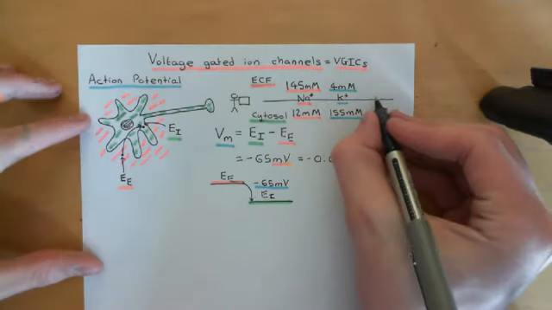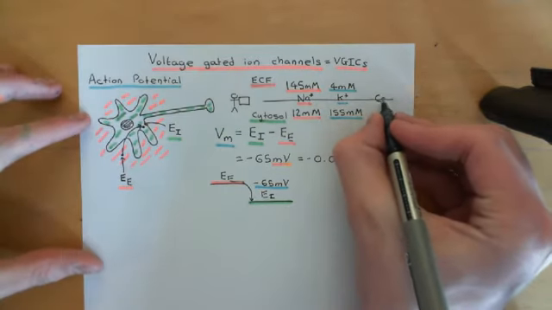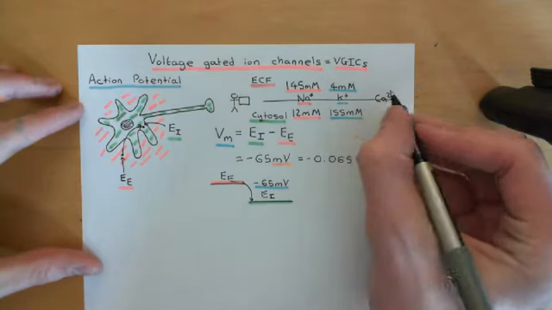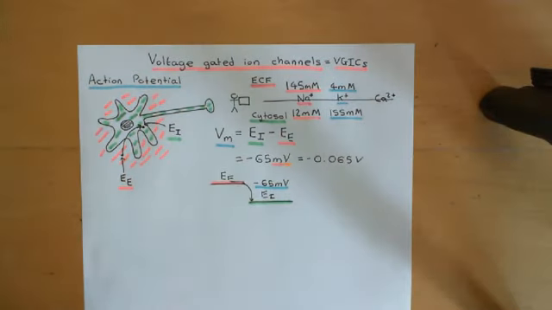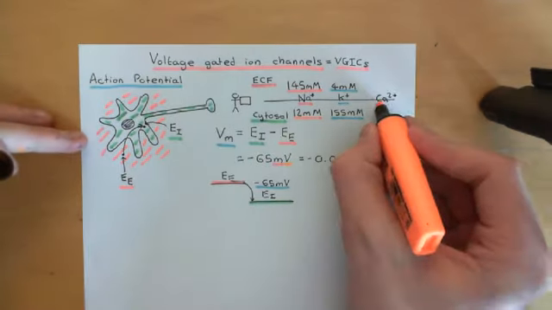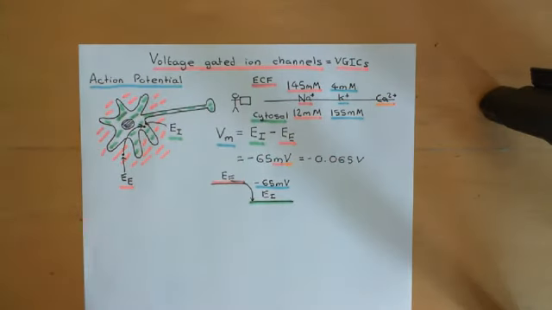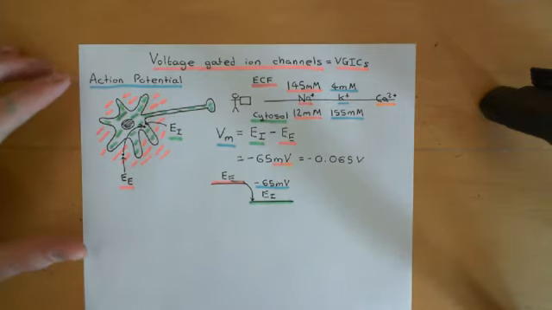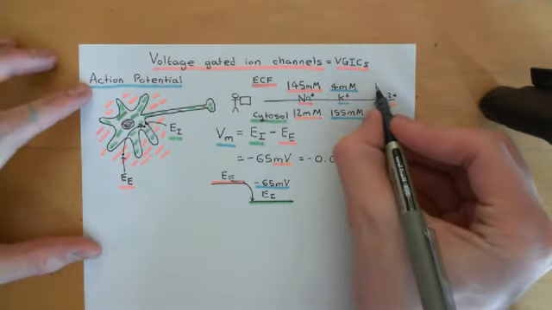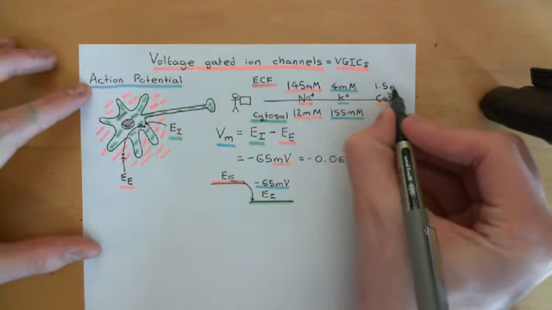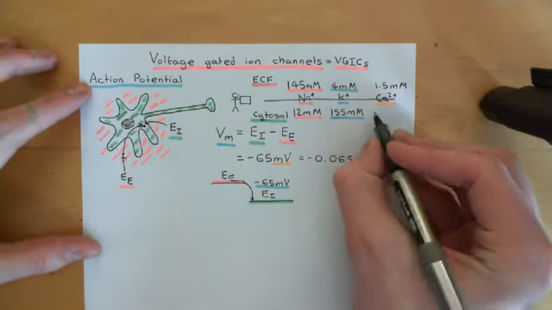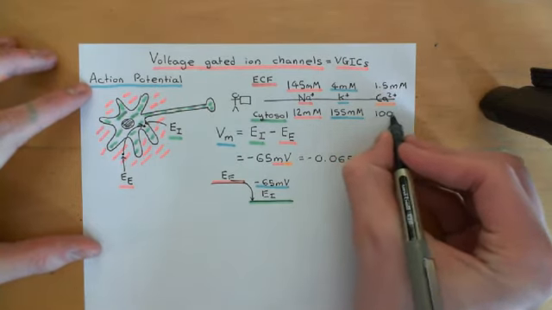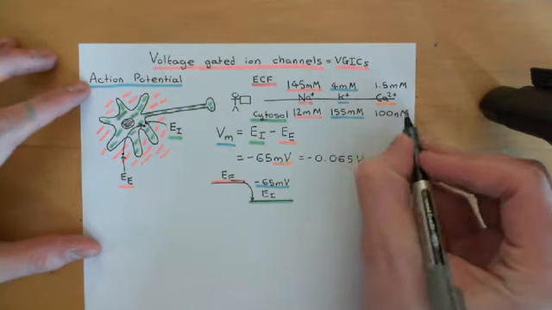Now let me talk about the calcium gradient across the cell membrane. Calcium's gradient is enormous compared to the sodium and potassium gradients, and that's because calcium is actually quite a toxic ion to the cell, and therefore the level inside the cytoplasm is kept very low under resting conditions. Extracellular calcium concentration is around 1.5 millimolar, but intracellular calcium concentration is around 100 nanomolar.